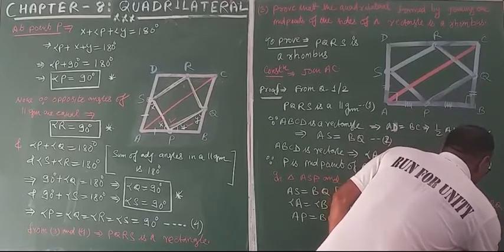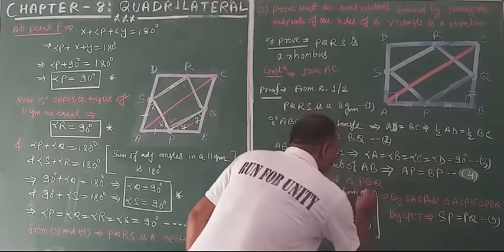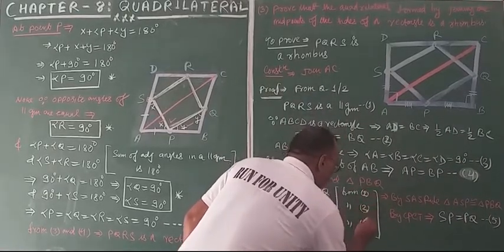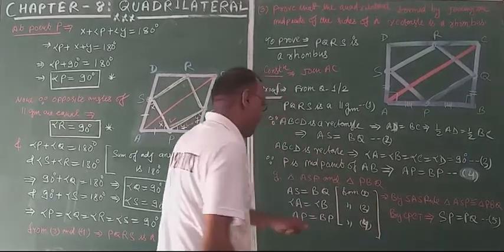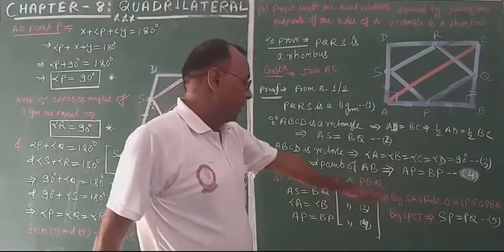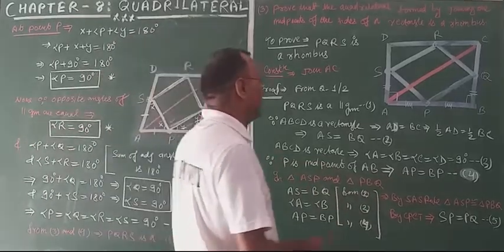And this is equation number 5. CPCT: SP is equal to PQ.